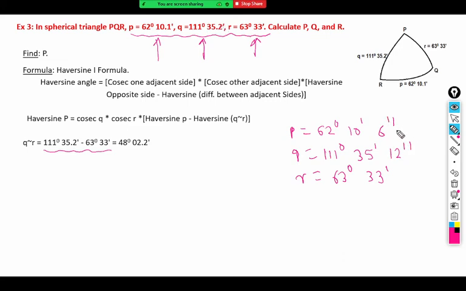And now you do a subtraction, q minus r. If you do this subtraction on calculator, you will get exactly the same answer. For example, you are putting 111 degree, 35 minute and 12 second minus 63 degree and 33 minute.